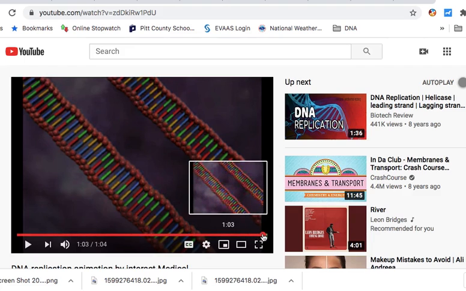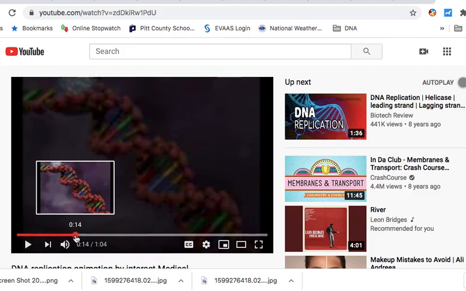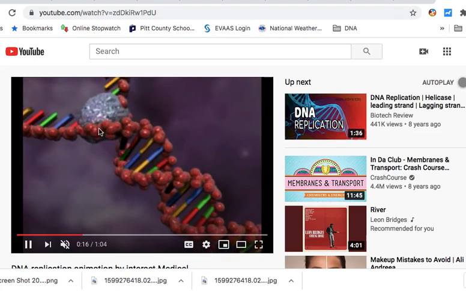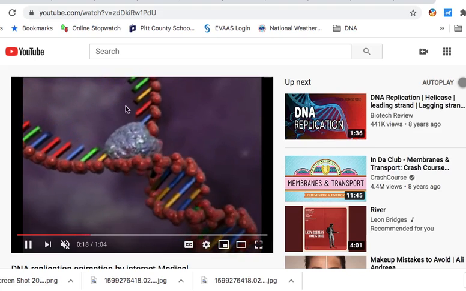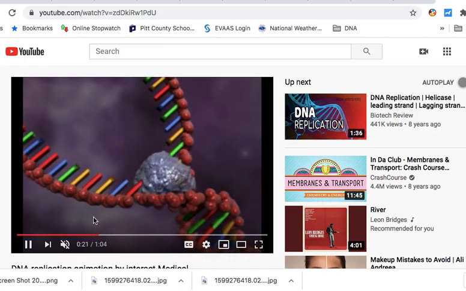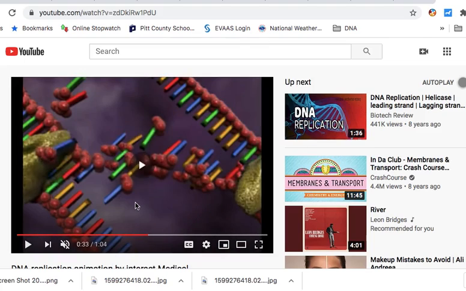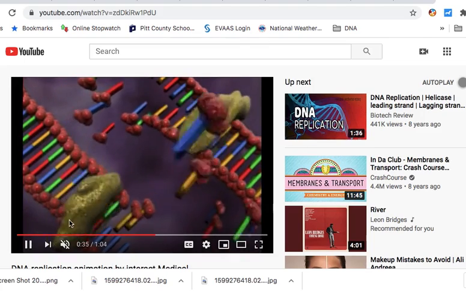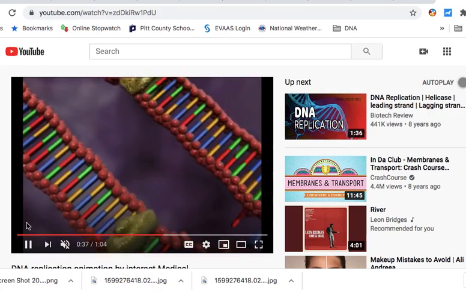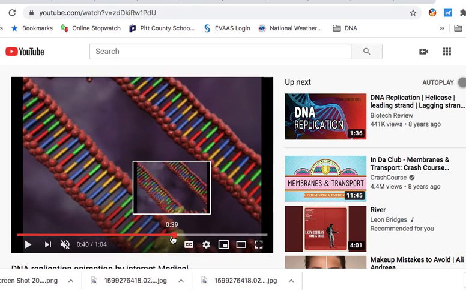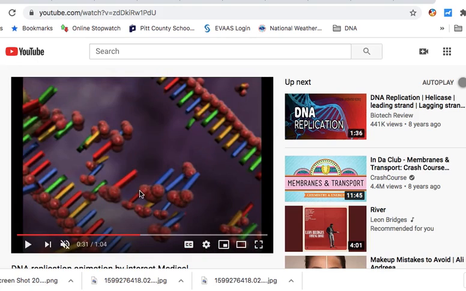Okay, so in this video, an enzyme actually breaks the helix apart, and it breaks those hydrogen bonds and exposes the bases. Then new nucleotides are brought in, and a different enzyme bonds them all together to create a new strand. Now, they called this semi-conservative.